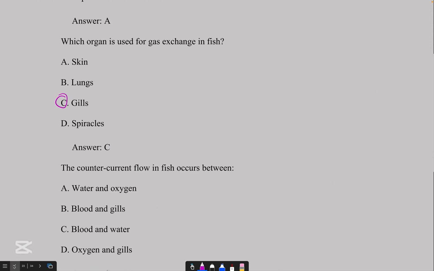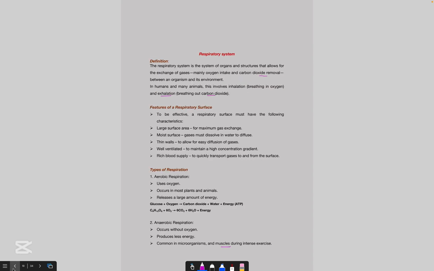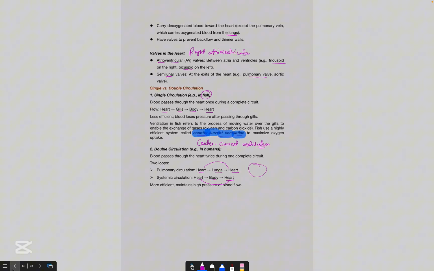The countercurrent flow. I said something about countercurrent flow here. Ventilation in fish refers to the process of moving water over gills to enable the exchange of gases, oxygen, carbon dioxide. Are you getting it? Moving water over the gills to enable the exchange.